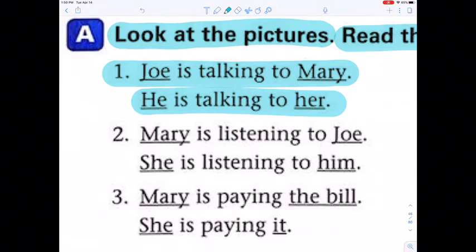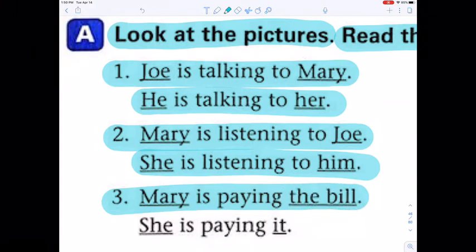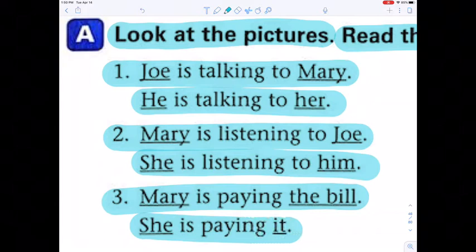Number 2, Mary is listening to Joe. She is listening to him. Number 3, Mary is paying the bill. She is paying it.